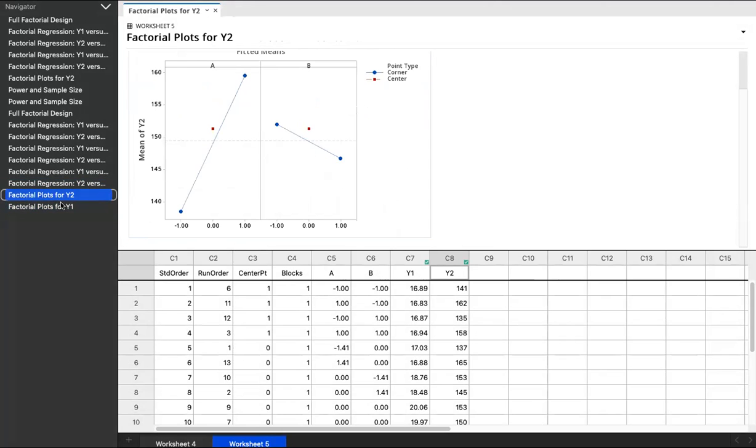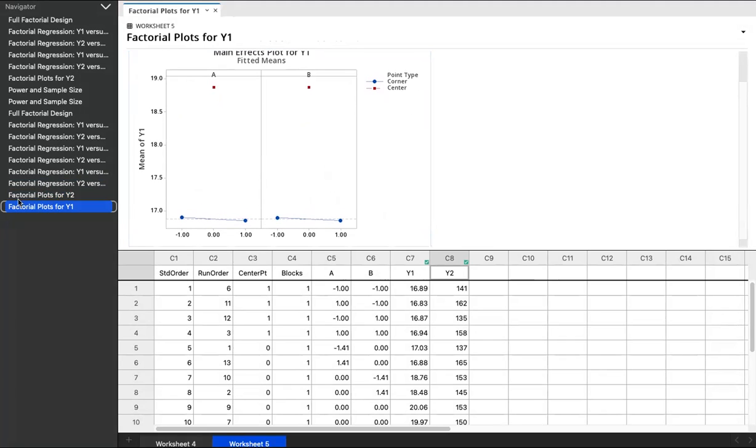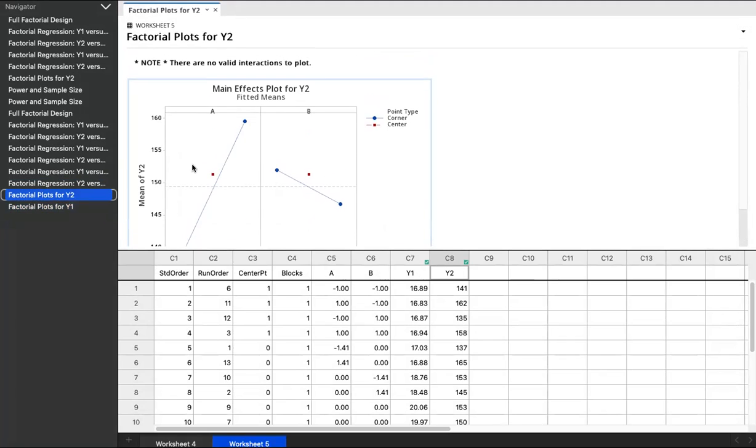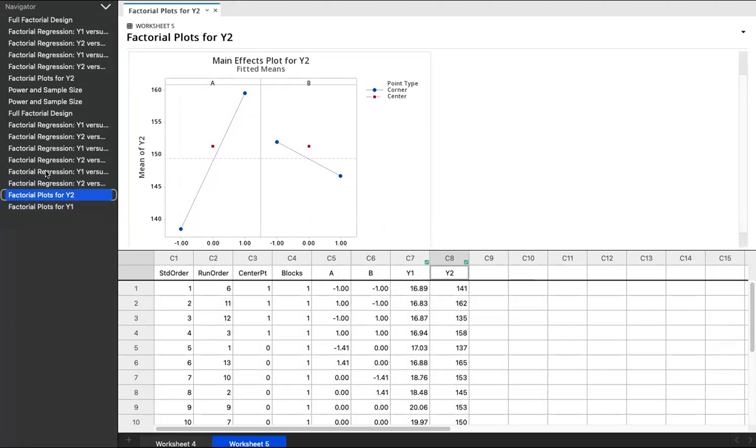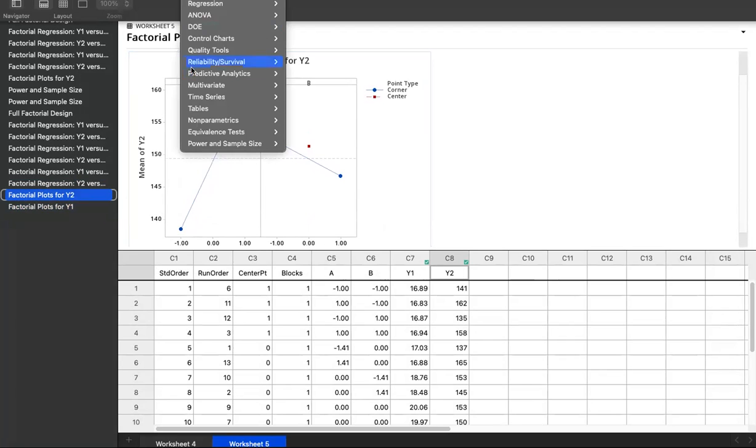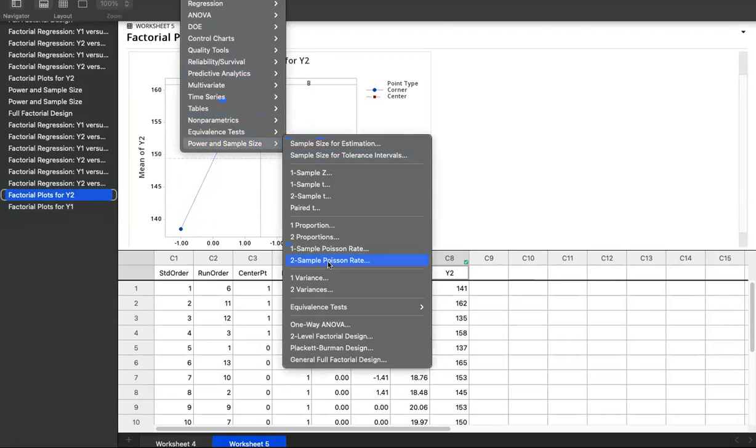Yeah, well, we will not have a very good plot, but let's keep with this. So we're going to do the power analysis for this response that we have.